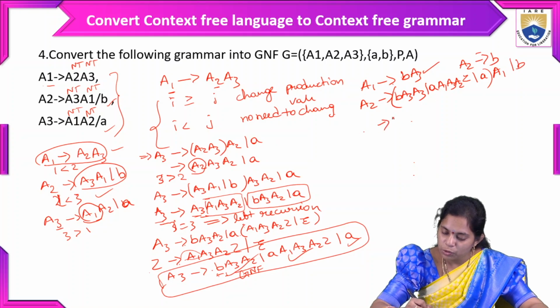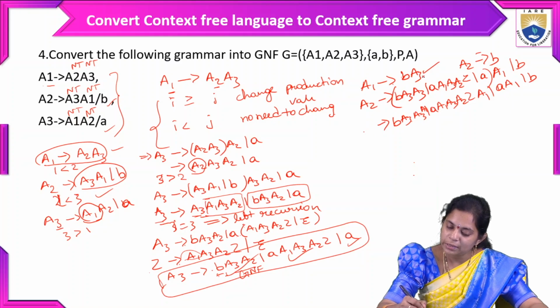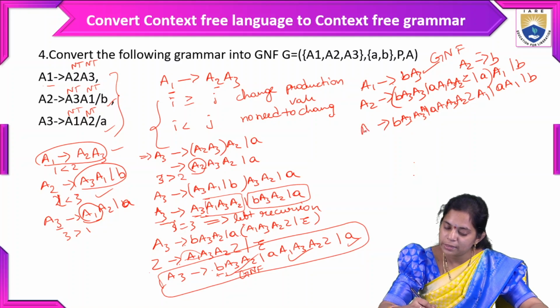If you substitute all the values, A3, A3, A, A1, A3, A2, Z, A1. Here A1 I need to introduce, and here A1 and B. If you observe, A1 is already in GNF, and this A2 is also in GNF. Here this is the A2.